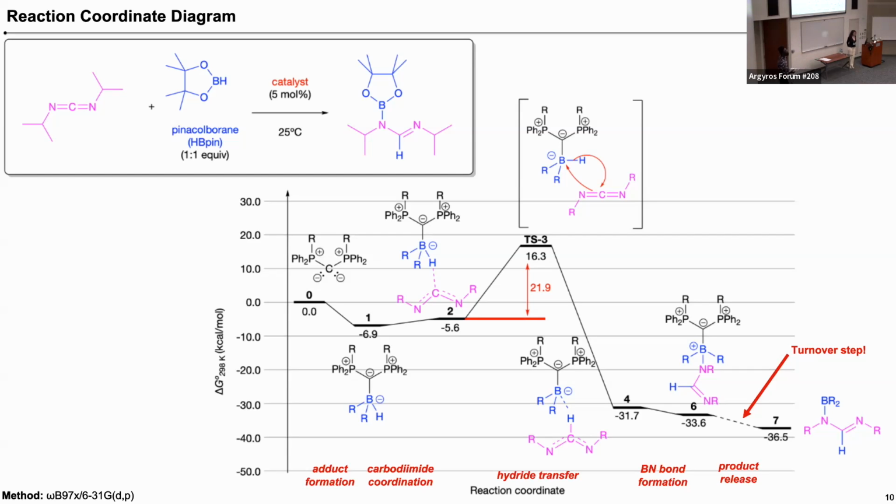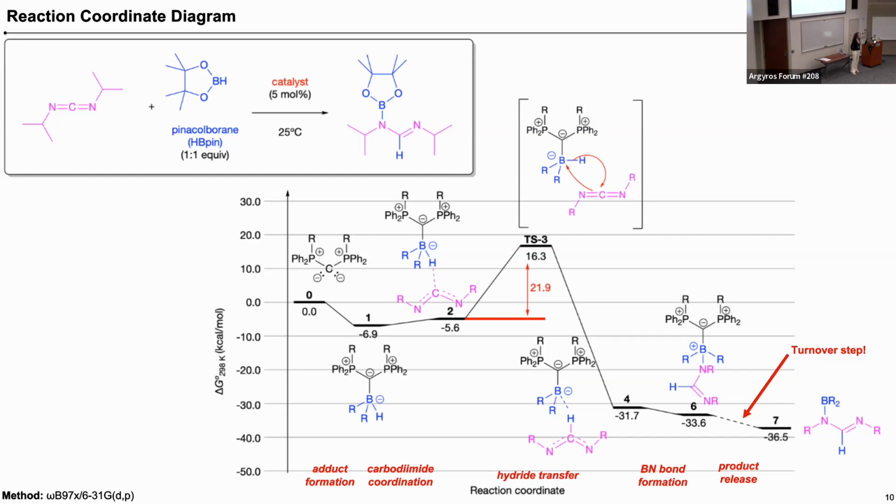Gabby, hi. I'm curious. So the hydride transfers first, which is really interesting. And then after the hydride transfers, the way you've drawn it on this slide, it looks like the hydrogen is sort of still interacting with the boron, right? Is that what it looks like? Yeah, I might have just drawn it like that. I don't think that they're still really.